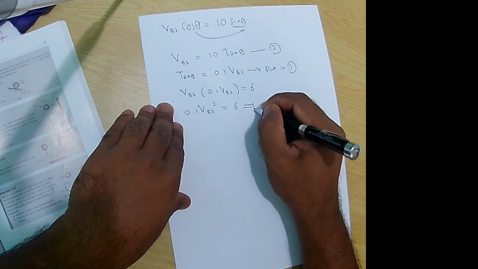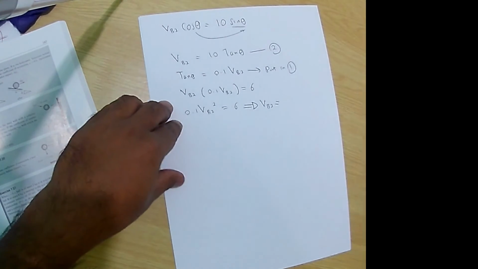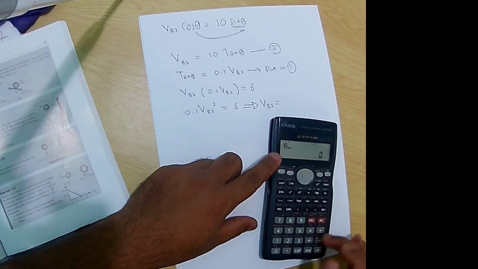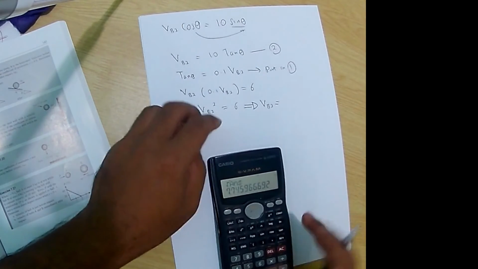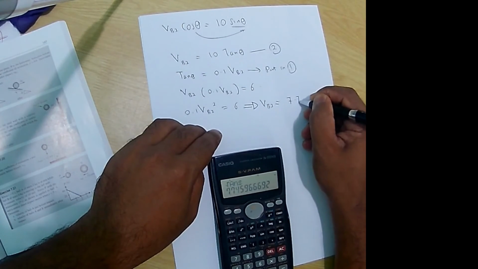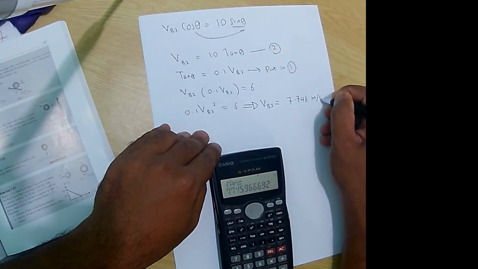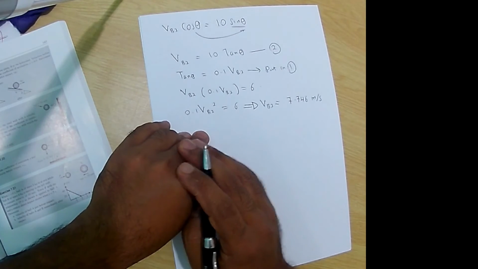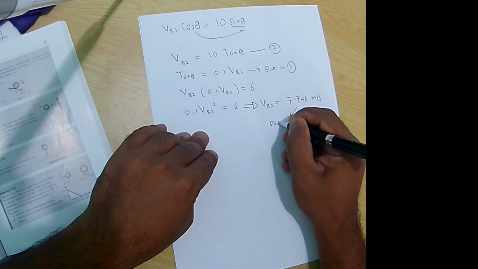From here, VB2 equals the root of 6 divided by 0.1, which is 7.746 meters per second.